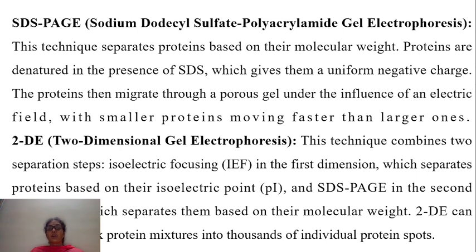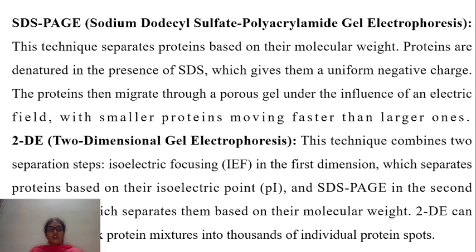Next, after separating the protein with SDS-PAGE, we run the 2D gel, two-dimensional gel electrophoresis. This separates the proteins based on their mass and on their isoelectric point. Finally, proteins are separated into individual protein peptides. So thank you. This is the separation and identification of proteins by using the different proteomic tools.